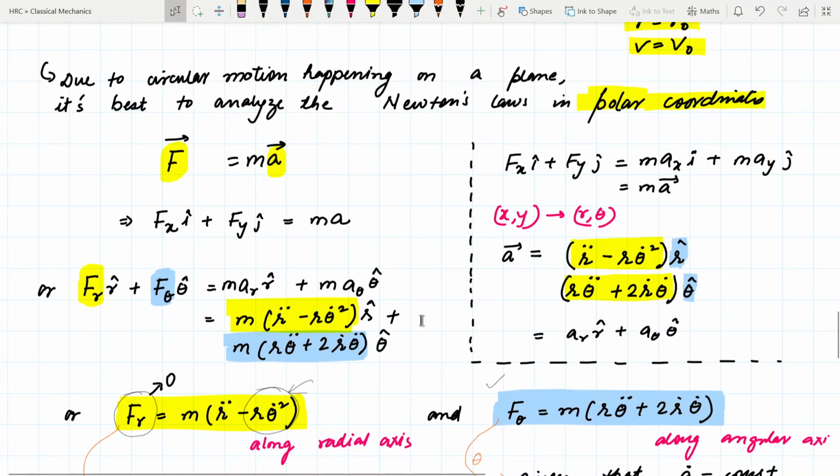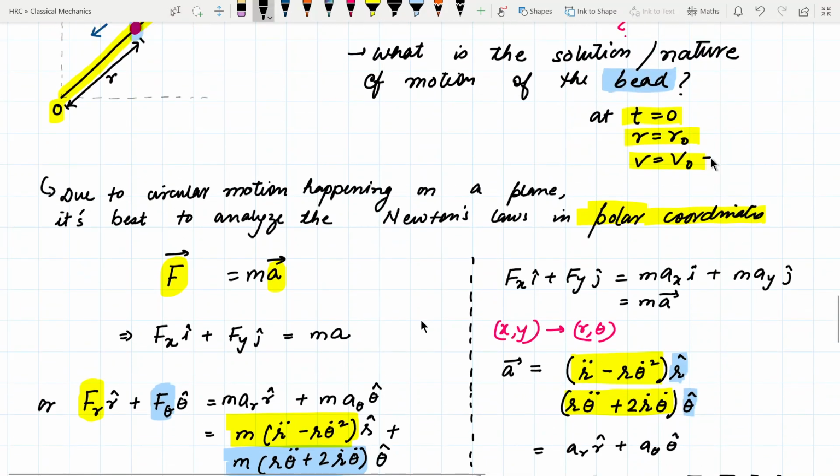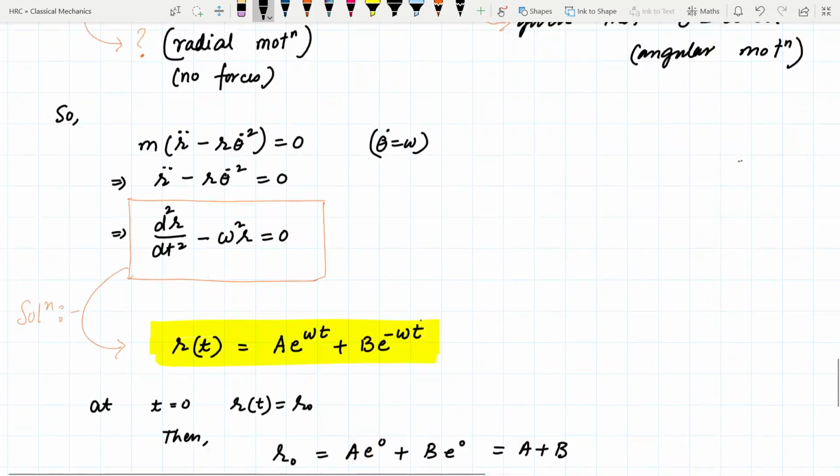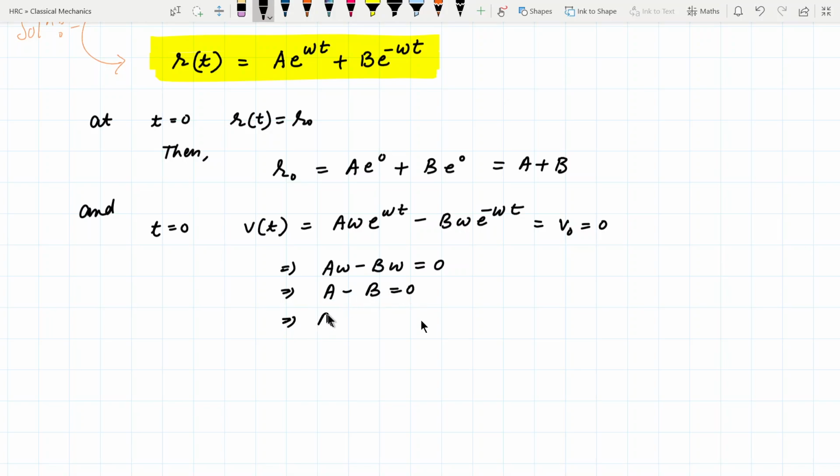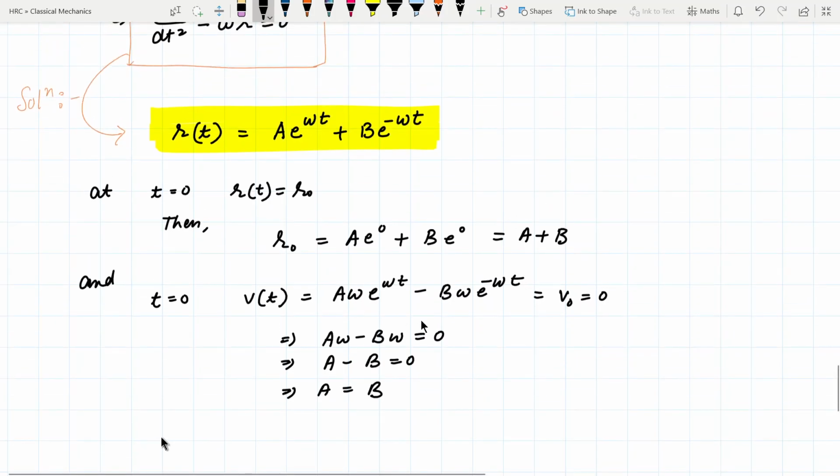Let's make it easier for us. Let's make the initial velocity 0. So if v0 is equal to 0, then at time t is equal to 0, a omega minus b omega is equal to 0, or a minus b is equal to 0, or a is equal to b.